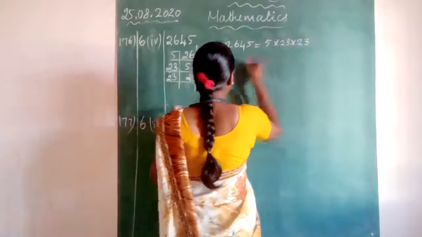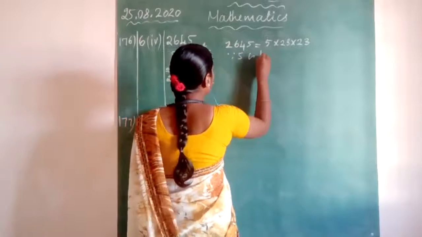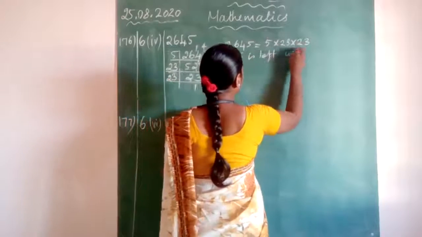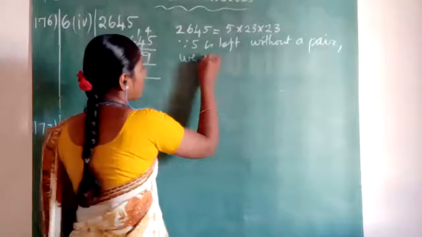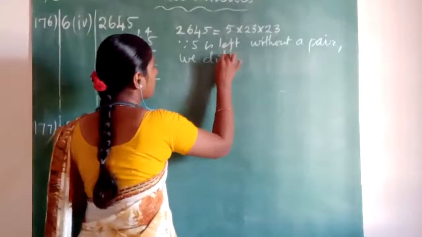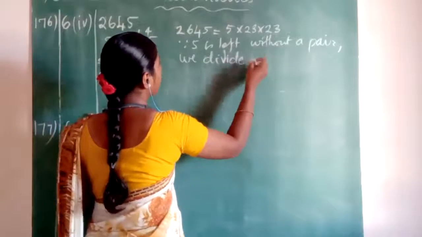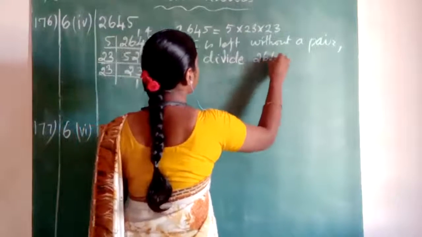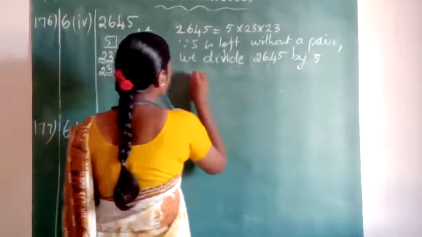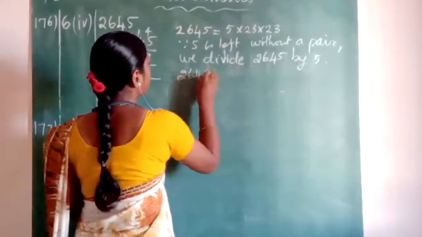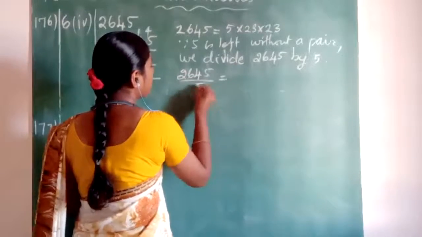Okay, so since 5 is left without a pair, divide 2645 by 5. Okay, so find out 2645 divided by 5 is how much?